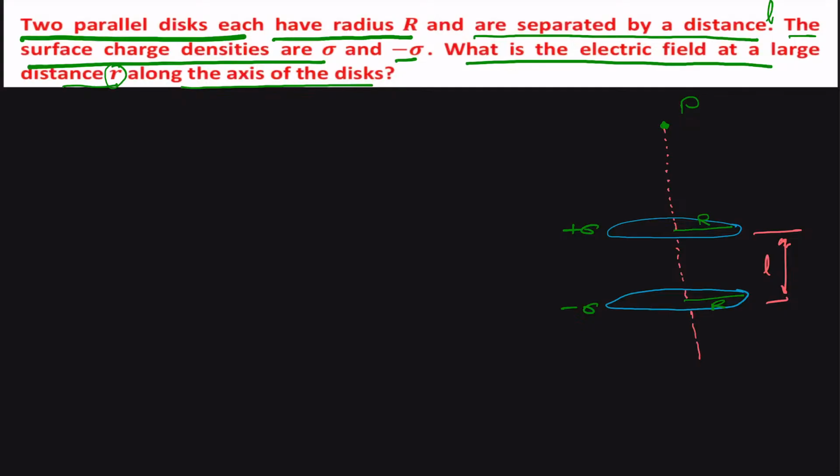Therefore, at large distance, r is very much larger than both the radius as well as the distance between the discs. Therefore these oppositely charged discs are going to behave like an electric dipole.